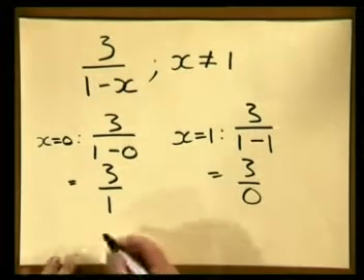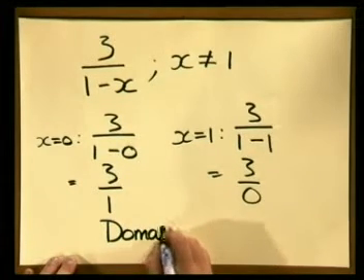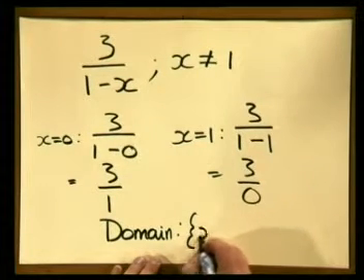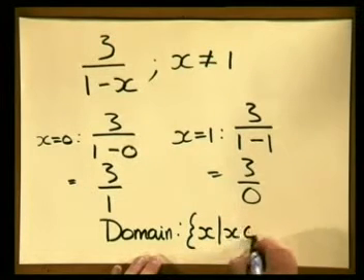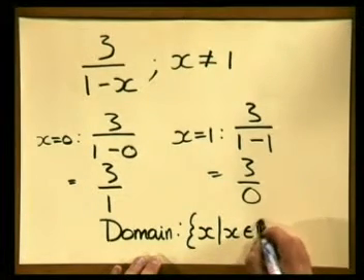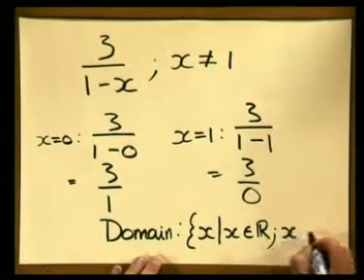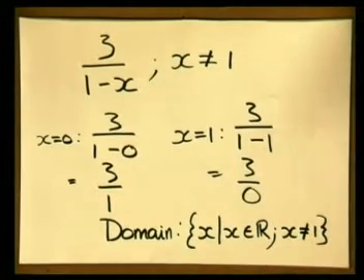So in other words, we state our domain as follows. The domain is the input values, where the input values come from the set of real numbers, but the input value may not be equal to 1.